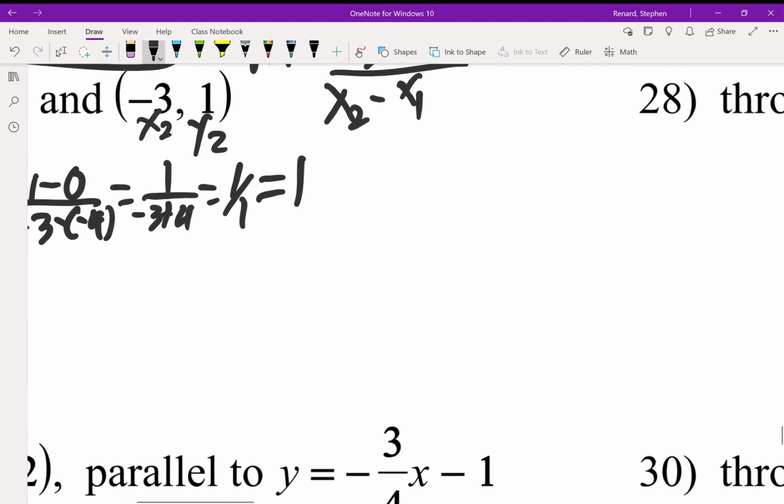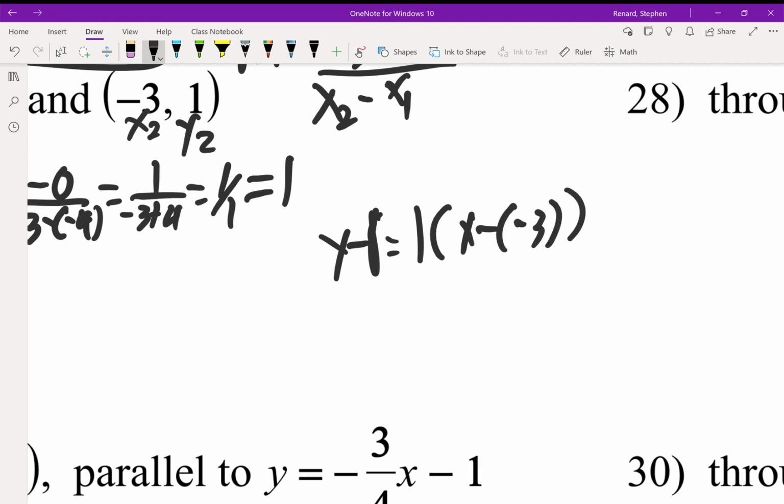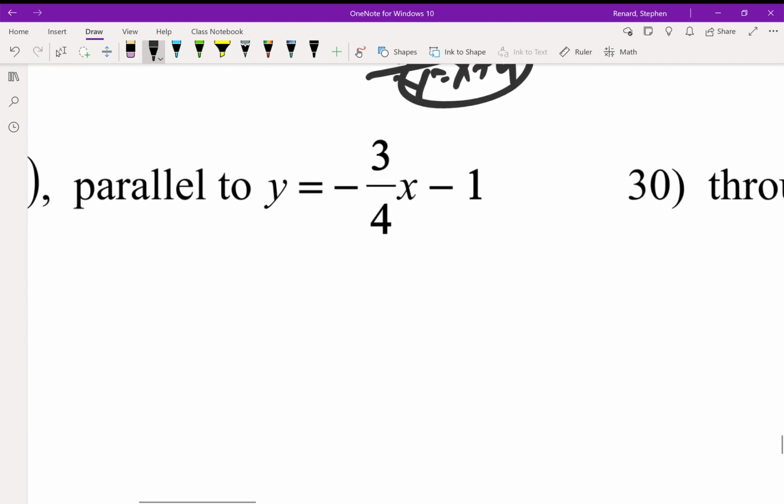And just to double check, if I wanted to go y minus 1, then we put our slope 1, x minus a negative 3. So we end up with y minus 1 equals x plus 3. Add 1 to both sides, and we get y equals x plus 4.